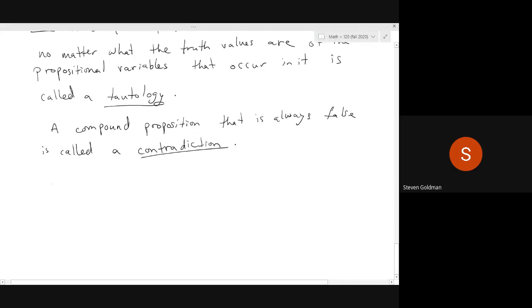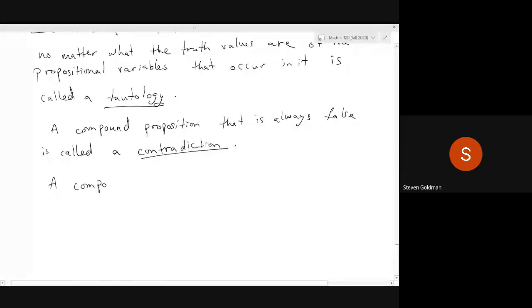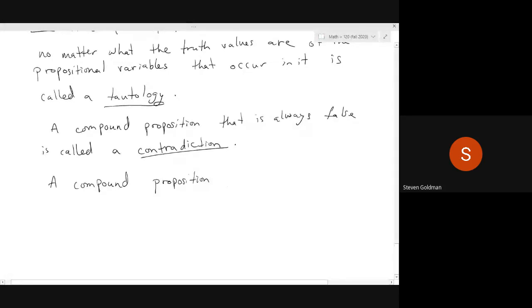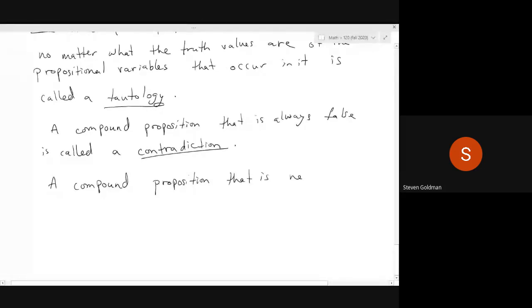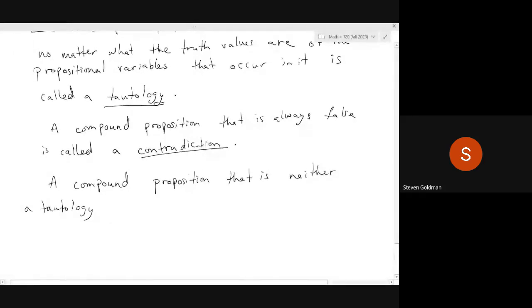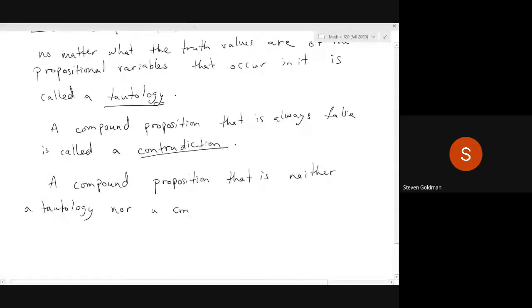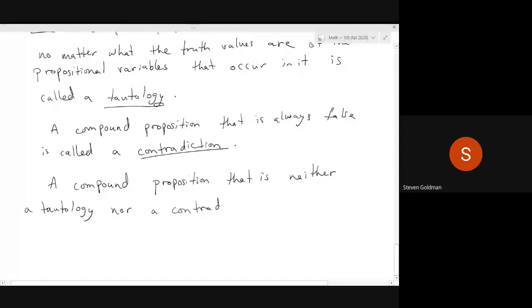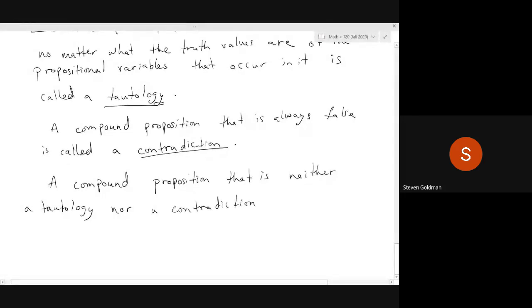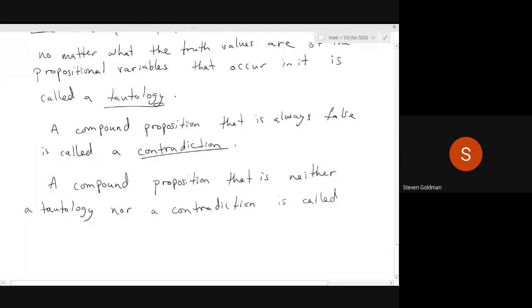So a compound proposition that is neither a tautology nor a contradiction is called a contingency.